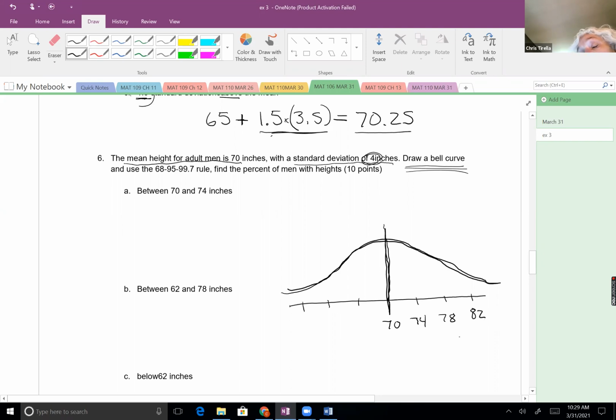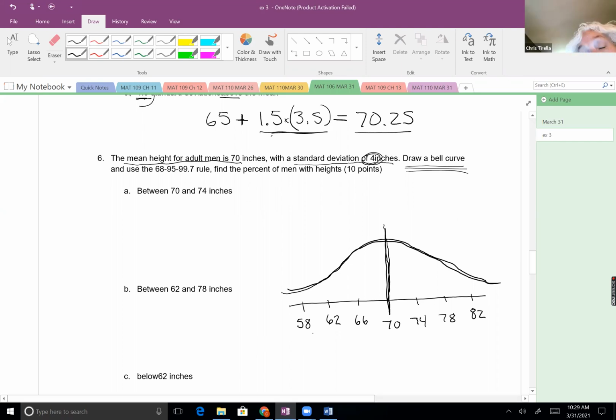And we add it when we go to the right. We'll subtract 4 when we go to the left. 70 minus 4 is 66, minus 4 is 62, minus 4 is 58. Everybody with me so far? How do you know when to stop?